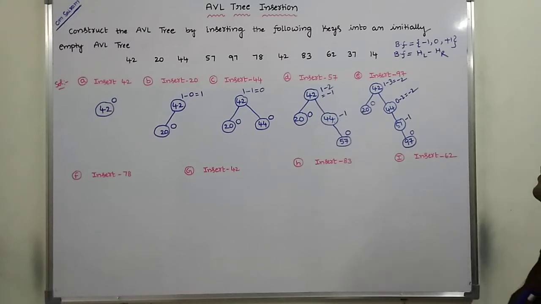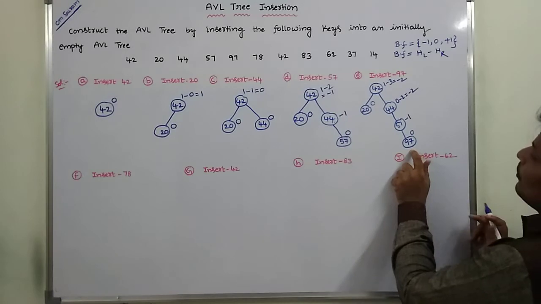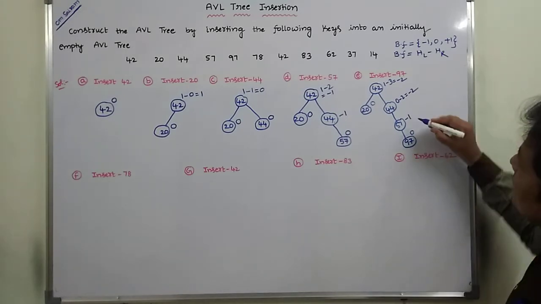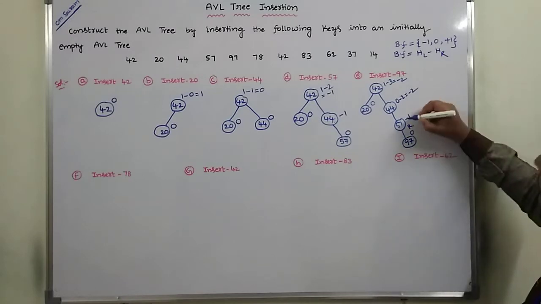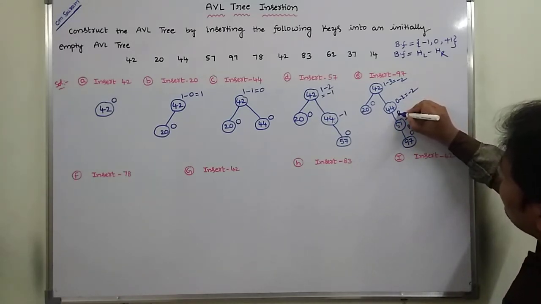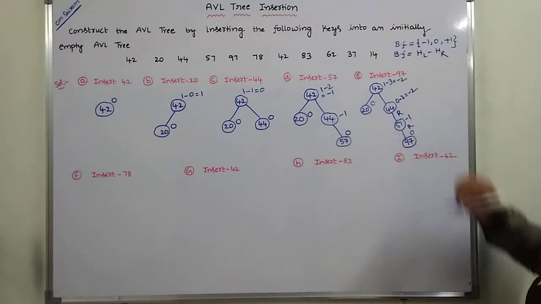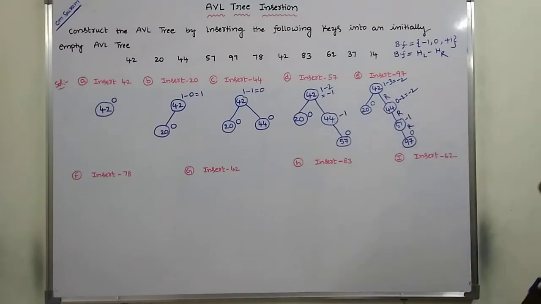Now the last inserted element is 97. 97 is inserted at the right side of 57. Next, 57 is inserted at the right side of 44. So here we are getting R, and this is also R, so it is an RR rotation.